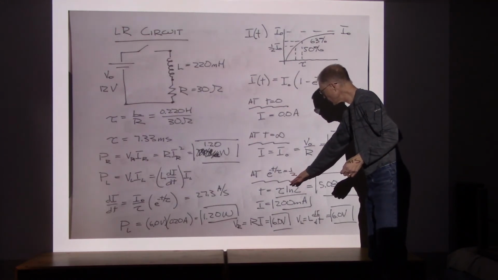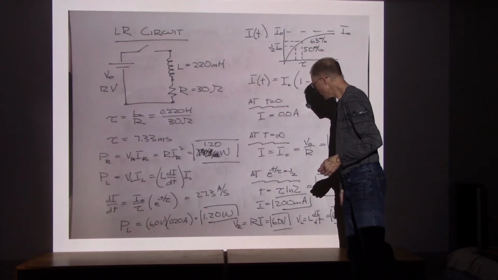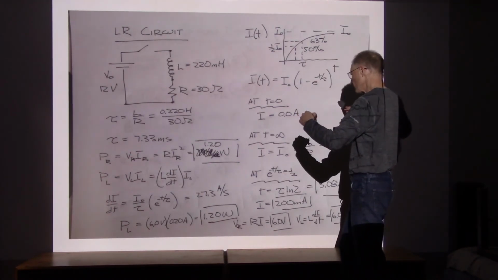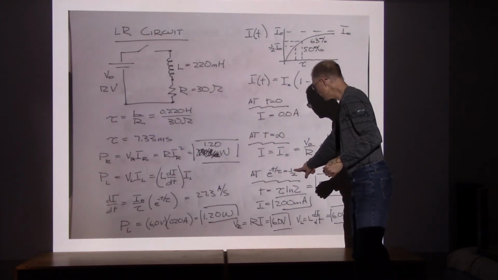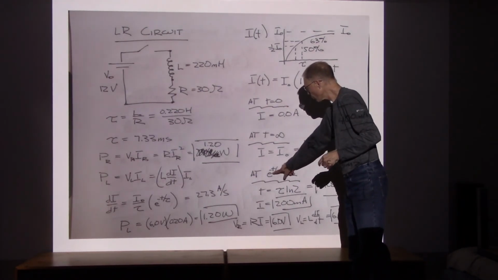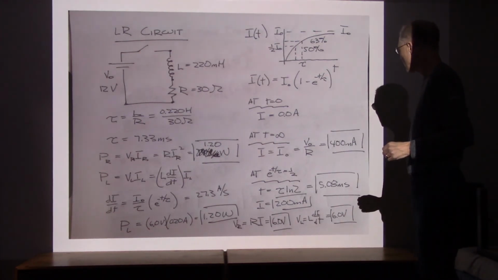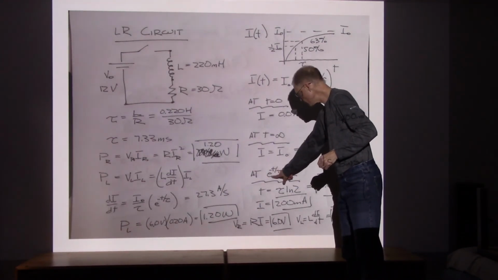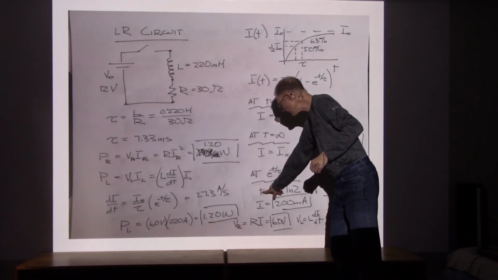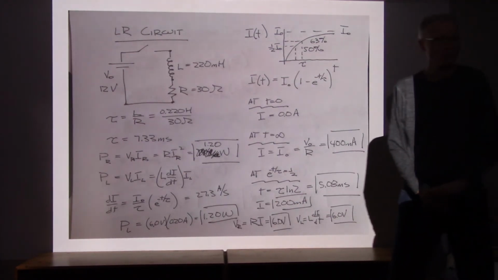Now I did a few lines of algebra here. I inverted the equation. This side, 1 over that became 2. 1 over this becomes e to the plus t over tau. And then I took the natural logarithm on both sides. The natural logarithm on both sides gave me an ln of 2. It undid the exponentiation. And then finally, t is equal to tau times the ln of 2. So practice that.